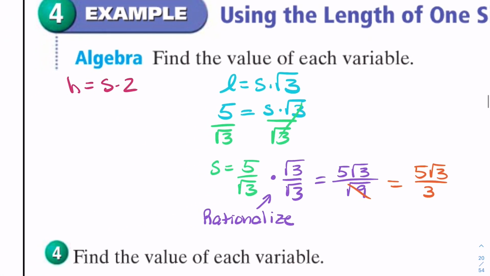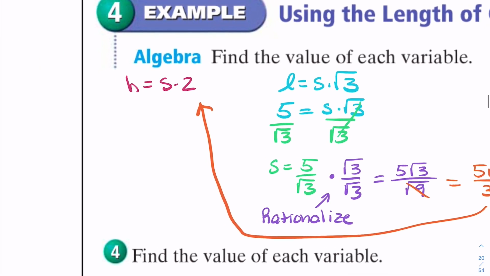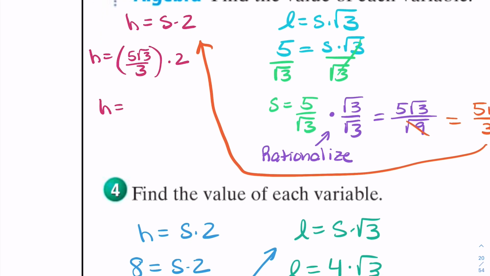What I now need to do is evaluate it over here, and I'm going to do h equals 5 square root of 3 over 3 times 2. So just double 5, and you get 10. You don't multiply numerator and denominator, because that would be the same thing as leaving it exactly the same.